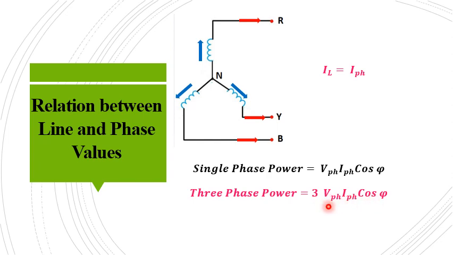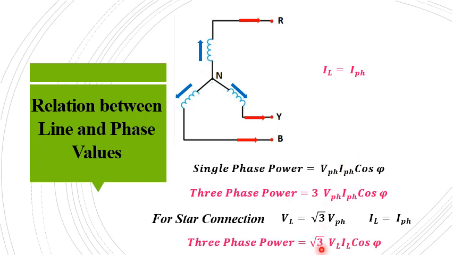In a star connection, VL equals root 3 V phase and IL equals I phase. Substituting in the above equation, we get 3 phase power as root 3 VL IL cos phi. So in terms of phase voltage and phase current, 3 phase power is 3 V phase I phase cos phi, and in terms of line voltage and line current, the 3 phase power is root 3 VL IL cos phi.